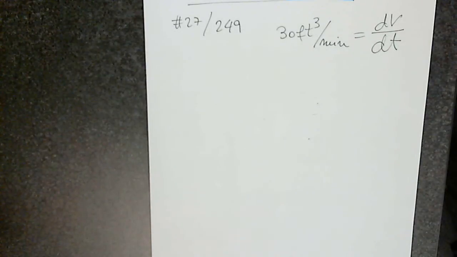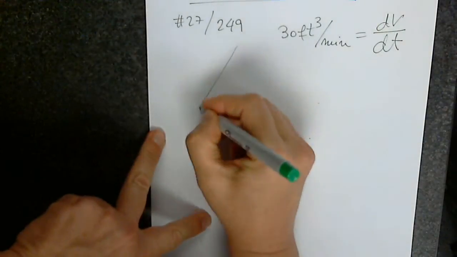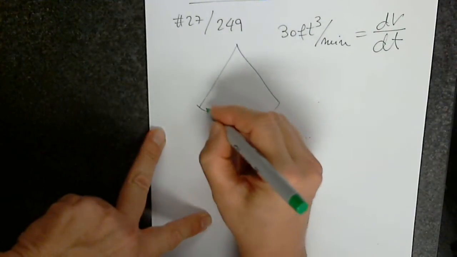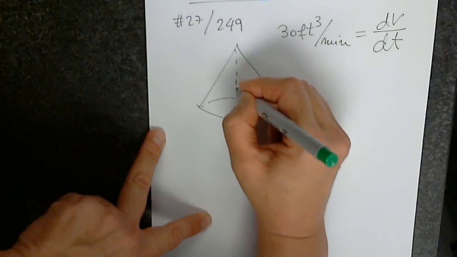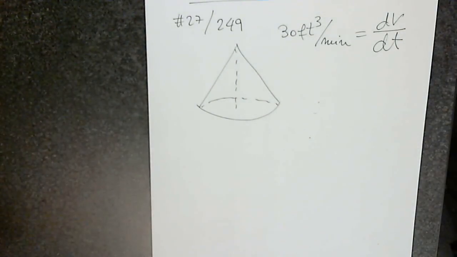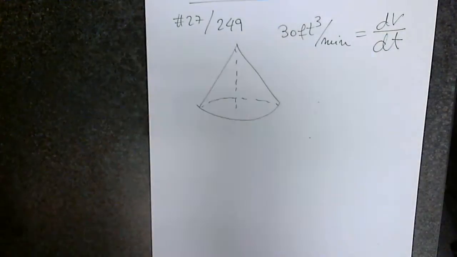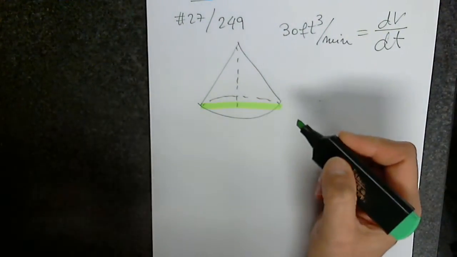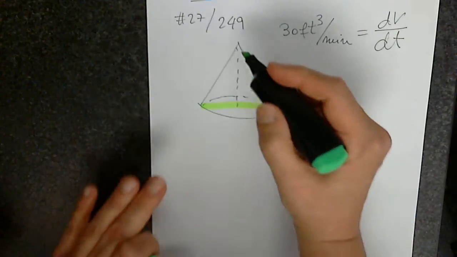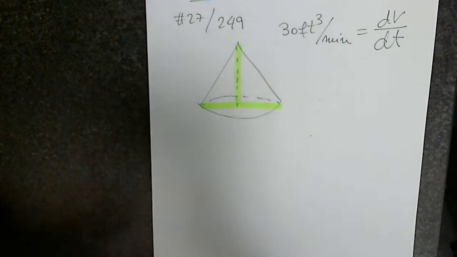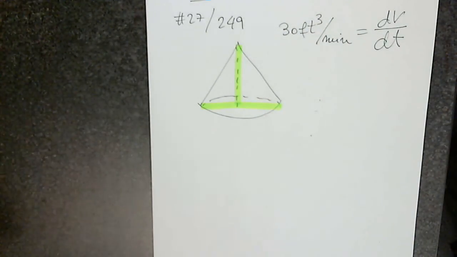It's such that it forms a pile in the shape of a cone whose base diameter and height are always equal.